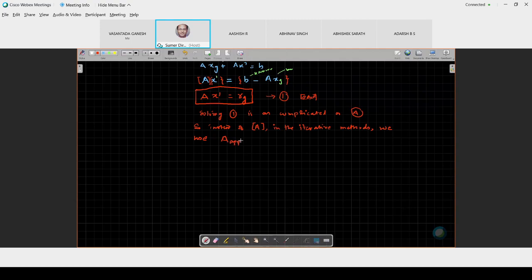Rather than using the actual coefficient matrix, we use an approximate matrix.